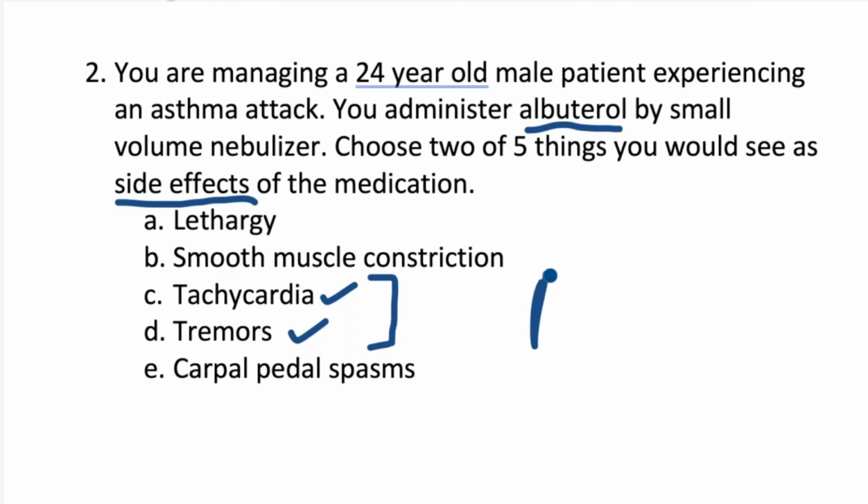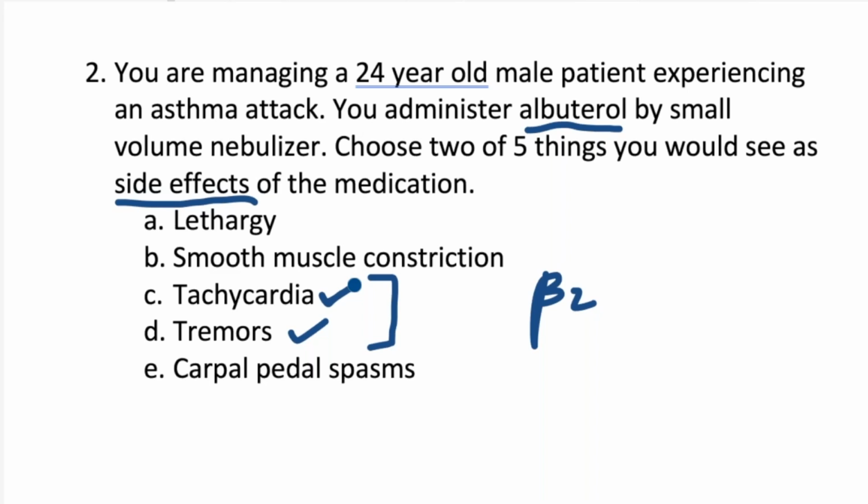And while albuterol may be beta-2 specific, there's always the potential for crossover into beta-1, which would give us that tachycardia. That could also give us muscle tremors, but the interesting thing about beta-2 is that it also has a little effect on the skeletal muscle because it's sent to the skeletal muscle to help release glycogen as part of our fight or flight. And that's the other reason the tremors may be there.